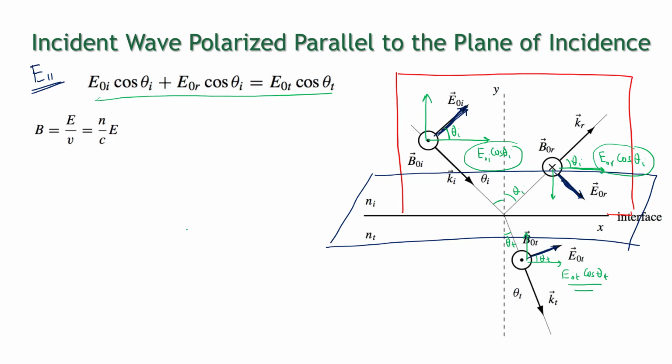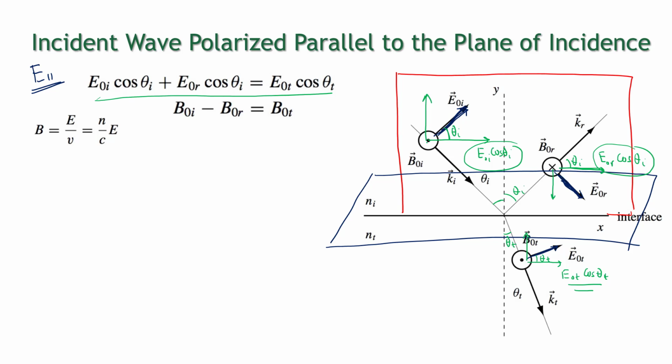And like you said before, the magnetic field is all tangential, so we don't need to worry about components. So BOI plus BOR is equal to BOT. Now here BOR is negative because it's pointing into the screen.